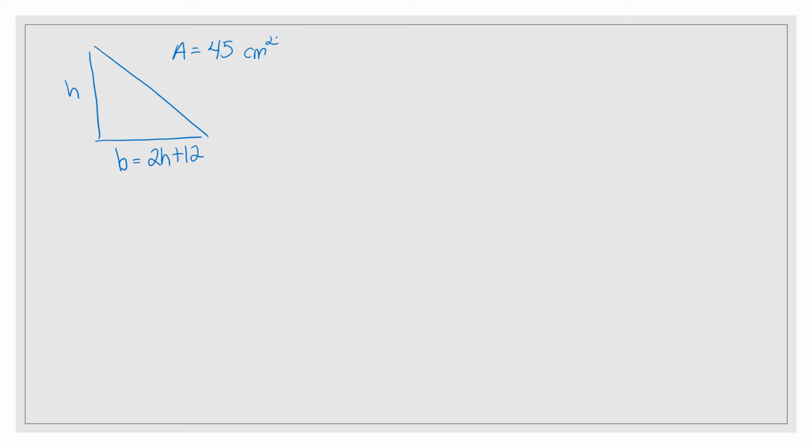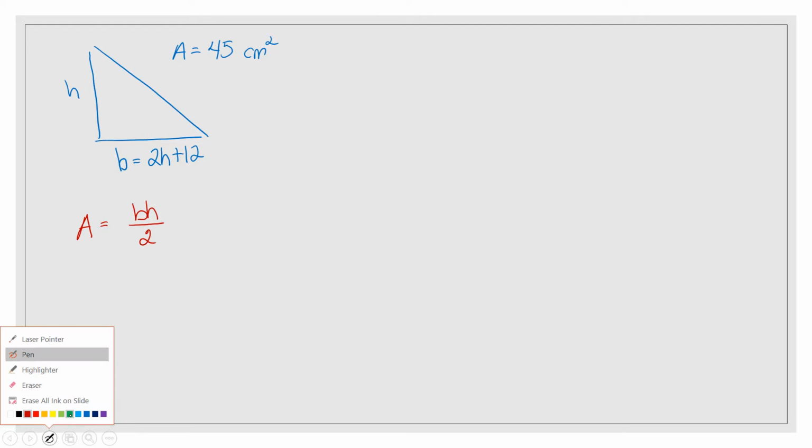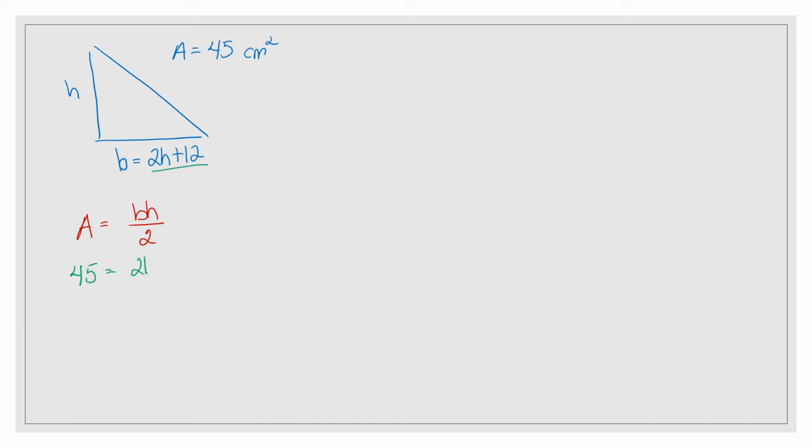Yeah, you need to know the formula for the area of a triangle. So, area of a triangle equals base times height divided by 2. In case you had forgotten that, there it is. So, time to fill in the blanks, so to speak. So, area, good, that's 45. The base is 2h plus 12.